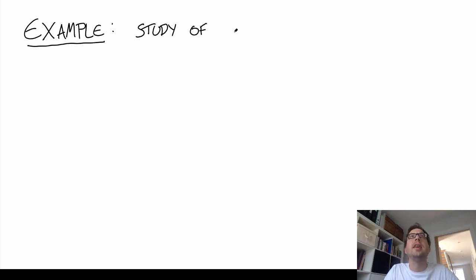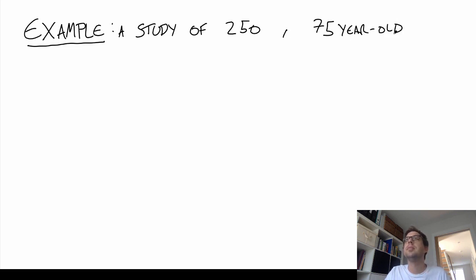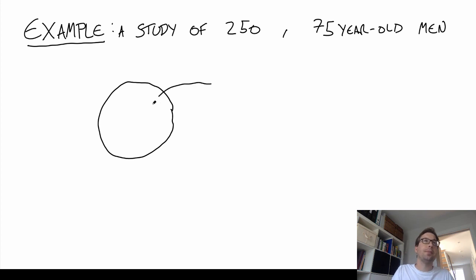Suppose we have a study of 250 75-year-old men. They essentially asked them in this study if they ate fruit or not, and they also tracked them over the next 10 years and saw which people died over the following 10-year period or not. The results were as follows.